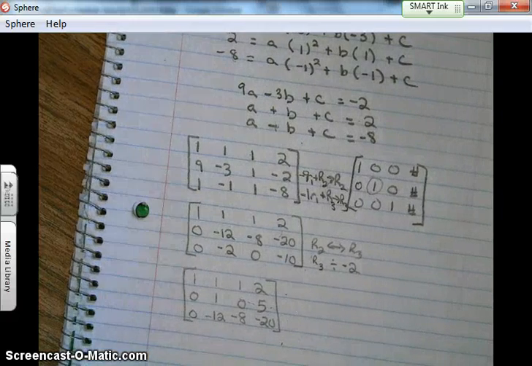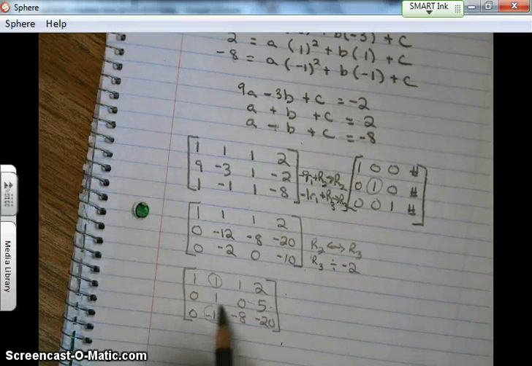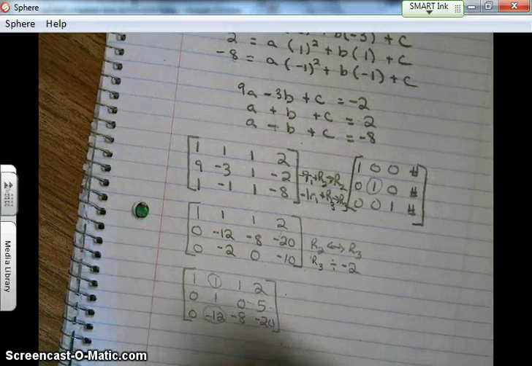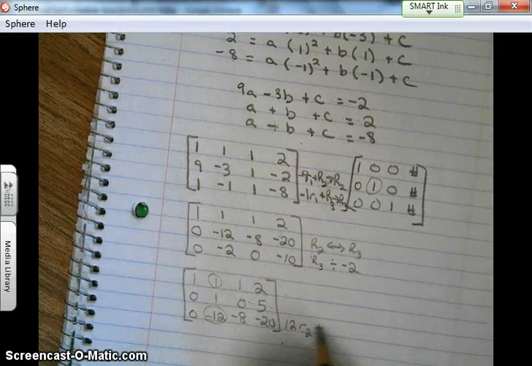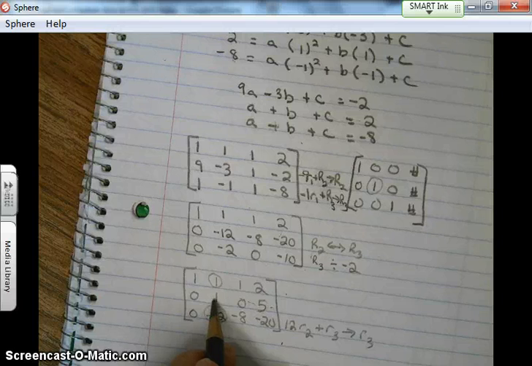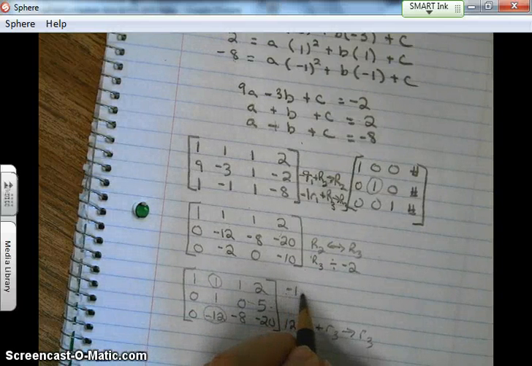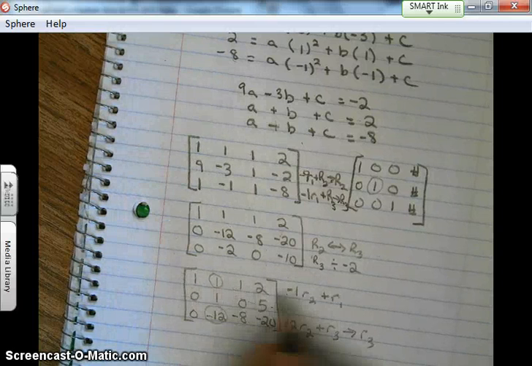Okay. Now I want the 0 here and a 0 here. So I'm going to take row 2 times 12, add it to row 3 to get a new row 3. Then I'm going to multiply row 2 by -1, add it to row 1 to get a new row 1.